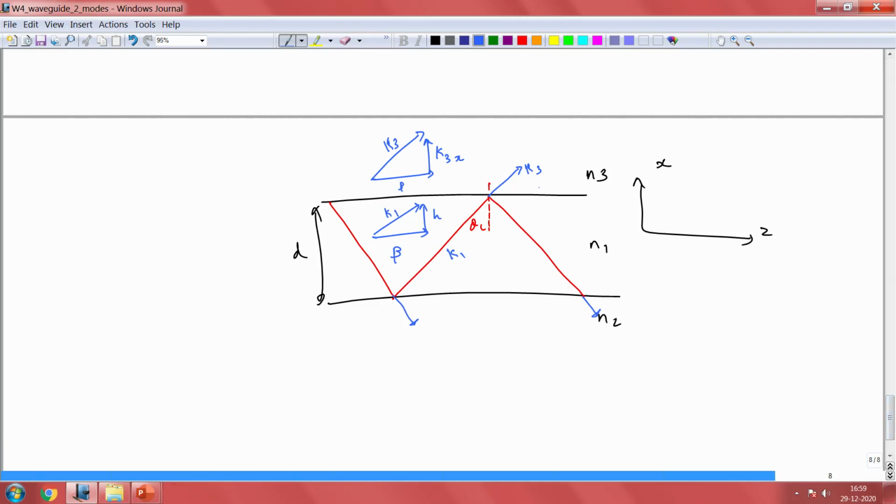So, there is an upward field and we have a downward field, right. Whatever you have in the clad and whatever you have inside.